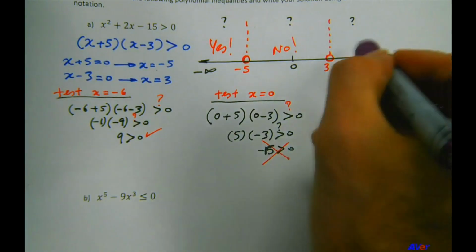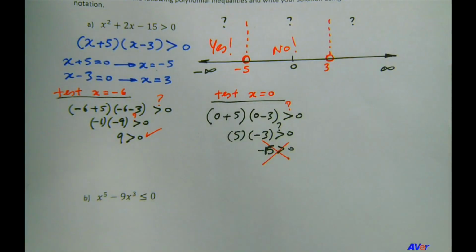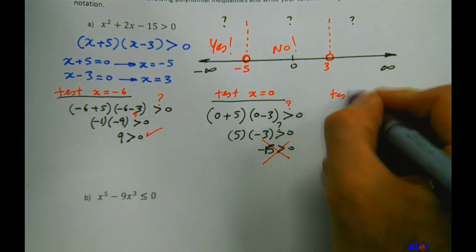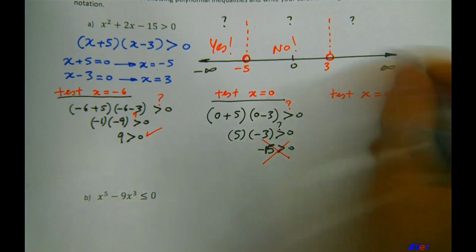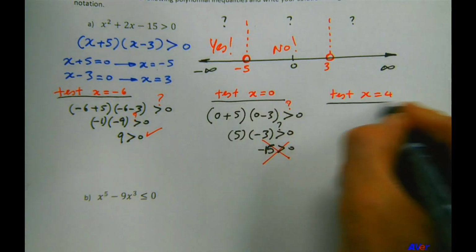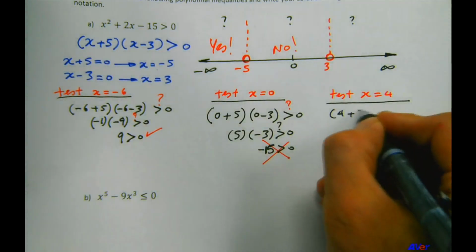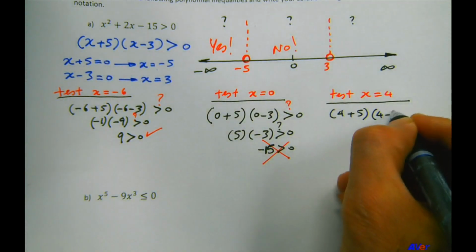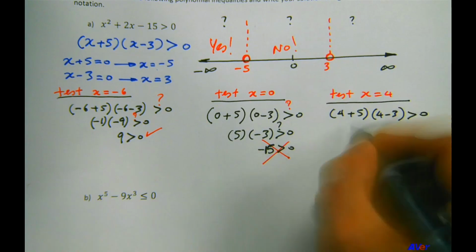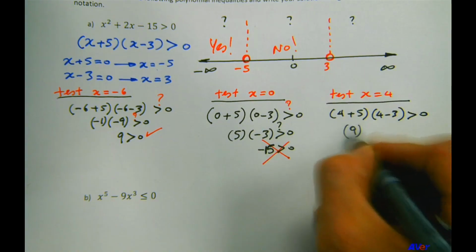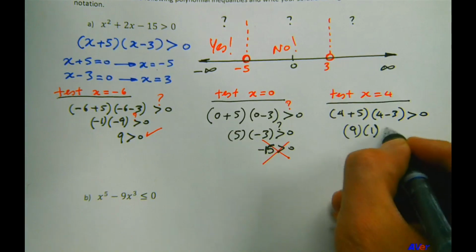So let's test a number in this region. Let's test x equals 4. Plugging in here, we have 4 plus 5 times 4 minus 3 greater than 0. So we have 9 times 1 greater than 0.